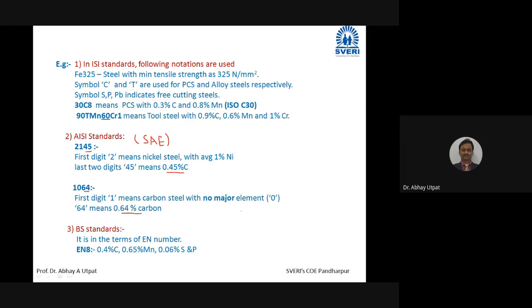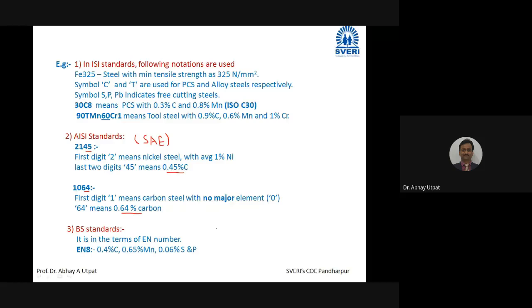Understood? Now third, BS standard. The British use their materials with the code EN. Now what is the story behind it? Whatever inventions are made, all these inventions took place during the First World War and Second World War, meaning 1914 and 1941 or so.